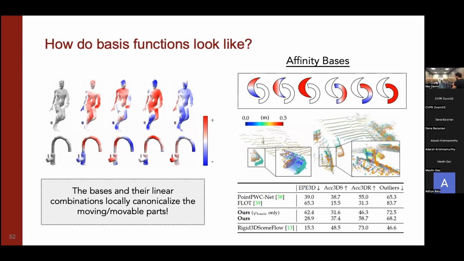So when we check the flow results in an autonomous driving setting that we train on this data, by the way, it's not generalizable, we see that this method can perform much better than any flow estimation methods like that. But of course, what you see down there is Rigid 3D Scene Flow, another paper of ours.